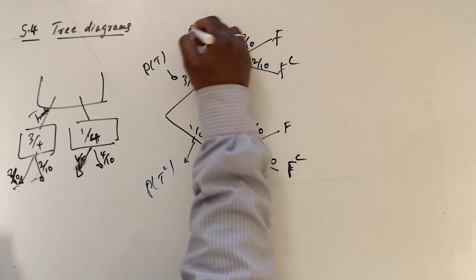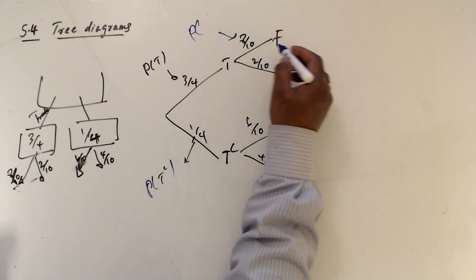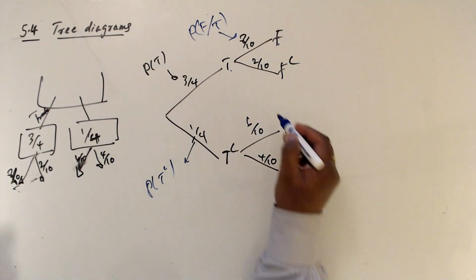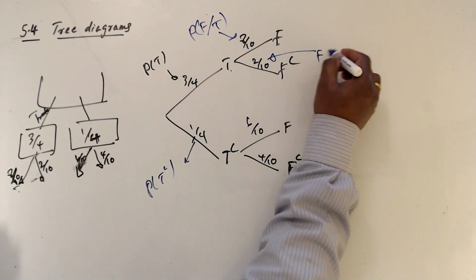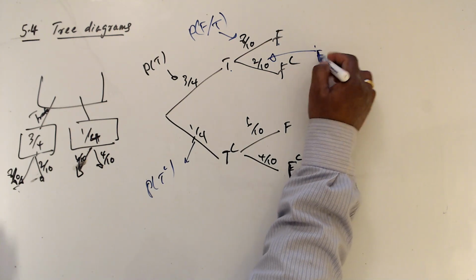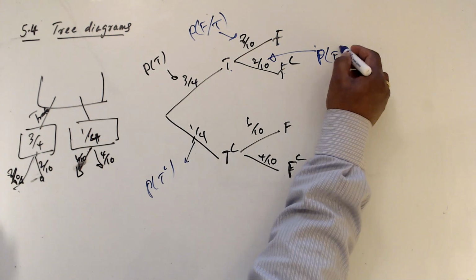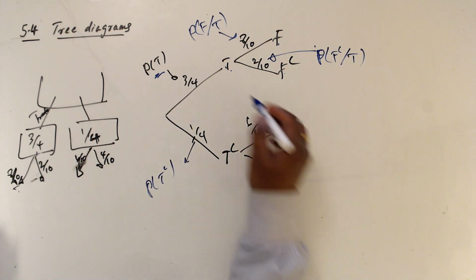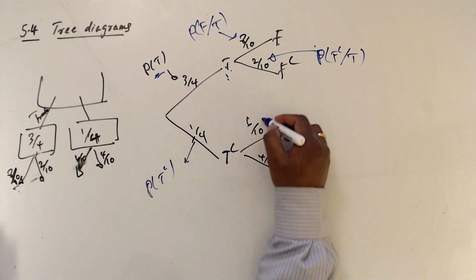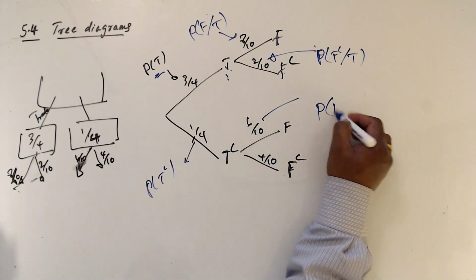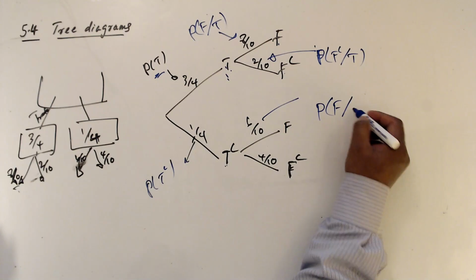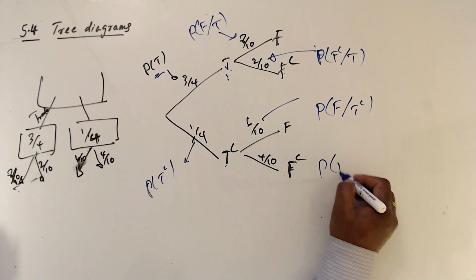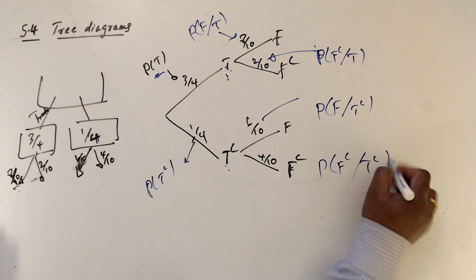This is the probability of F given T. This is the probability of F complement given T, and this is the probability of F given T complement, and this is the probability of F complement given T complement.